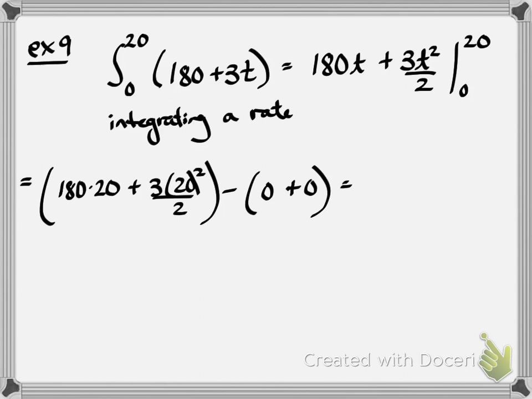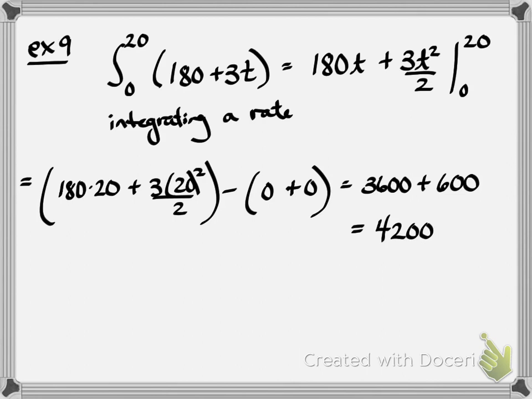180 times 20, 2 times 18 is 36 with 2 zeros. Let's see, 20 squared is 400. 400 divided by 2, 200. 200 times 3 is 600. So it's 4,200.